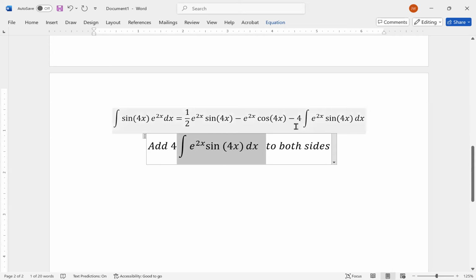When I add 4 times the integral to the right-hand side, this piece goes away. When I add 4 times the integral to the left-hand side, I get 5 copies of the integral on the left-hand side.